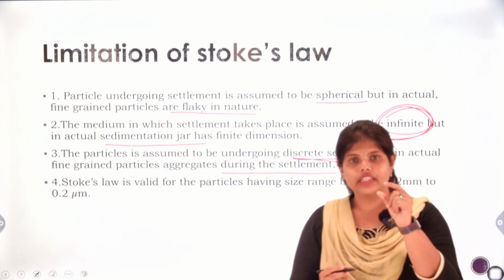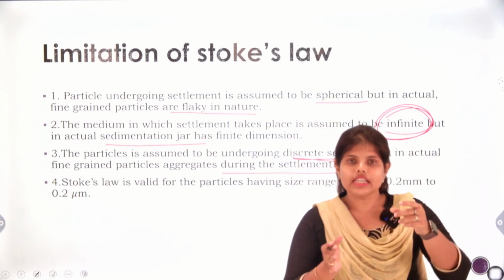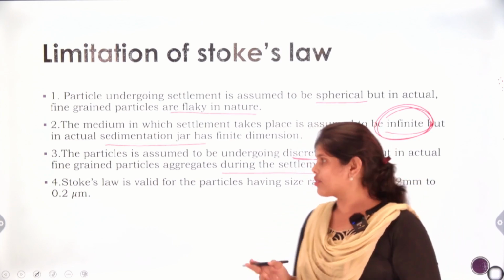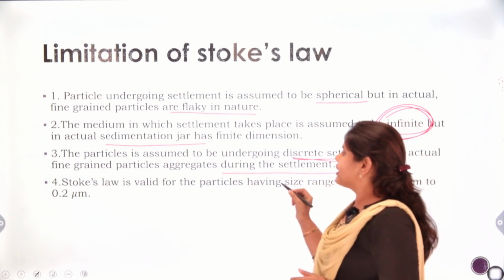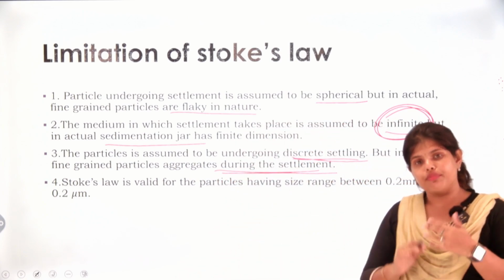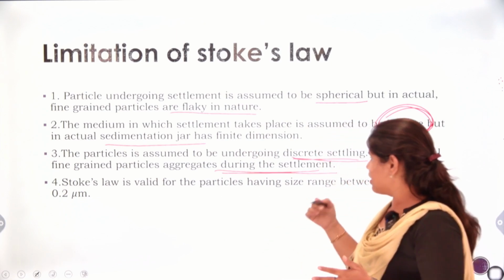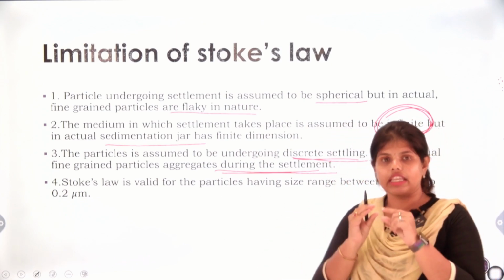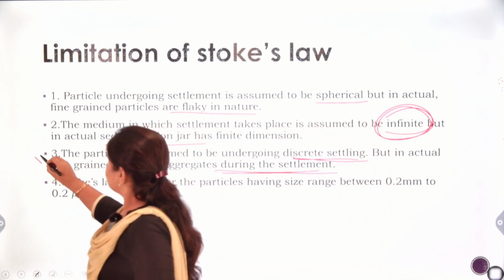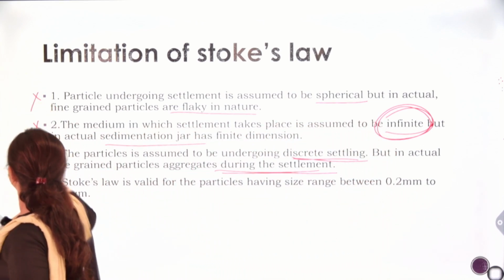The individual particles will settle individually. But in case of fine grained particles, what happens? During settlement, it separates. Before the settlement, they have created their bond. So also this is wrong, right?